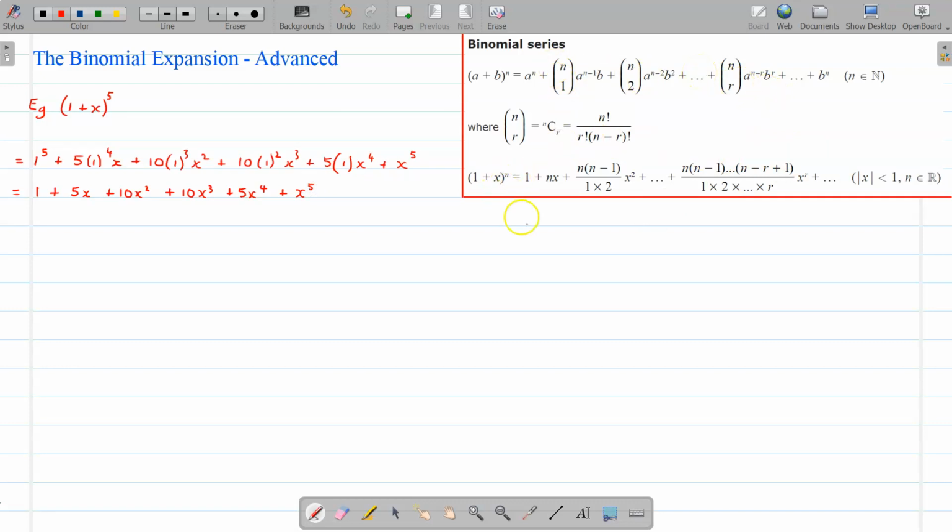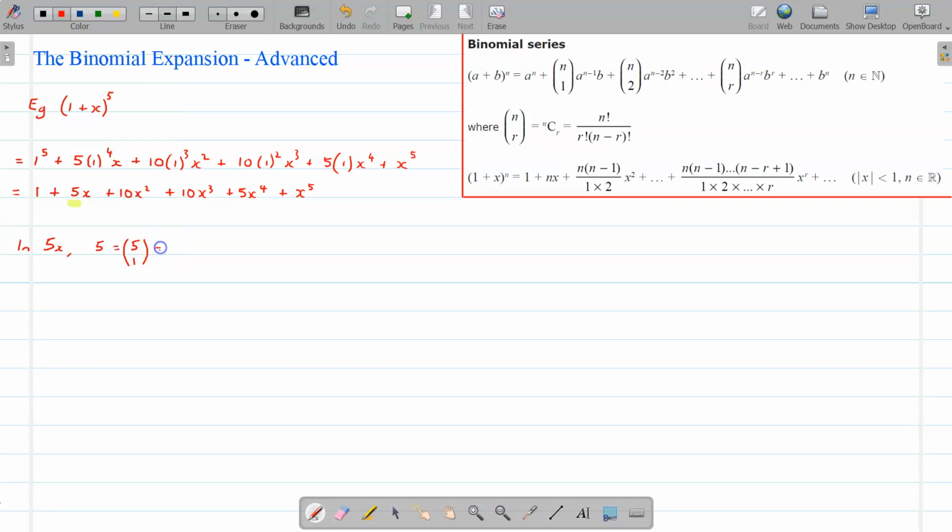So how does that relate to what's going on here in this newer and more useful version? Well, let's take a few of those terms and see where they actually come from. Let's start with the 5 here. So the 5x, so in the term 5x, okay, the 5 actually comes from 5c1, which is the number of ways of arranging one thing within 5, if you like.